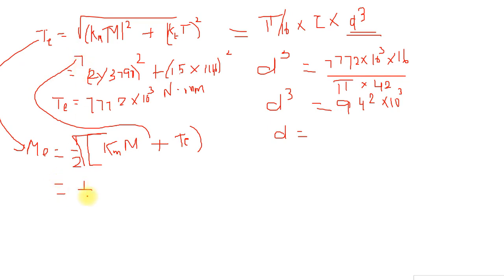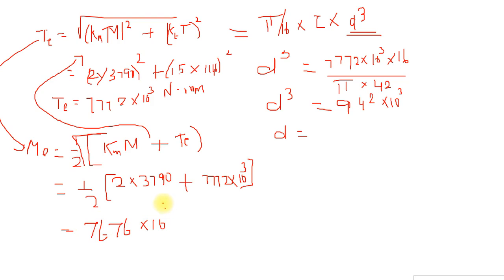I can substitute the values: 1 by 2 into 2 into 3790, the value we found, plus 772 into 10 to the power 3. If I simplify using the calculator, I would have the equivalent moment value, which would be around 776 into 10 to the power 3 Newton meter. So I have found the equivalent torque value and the equivalent moment value.